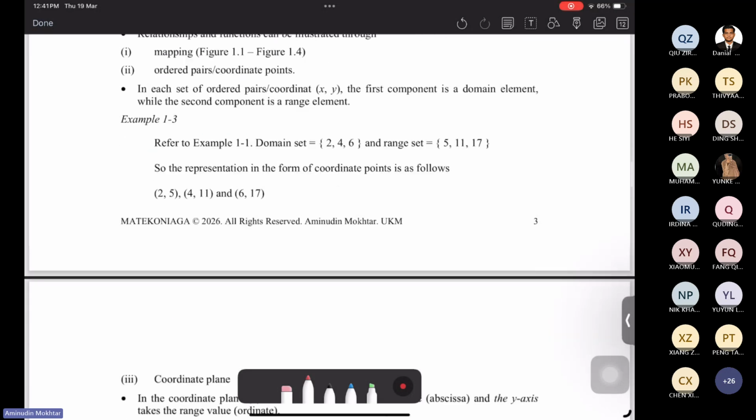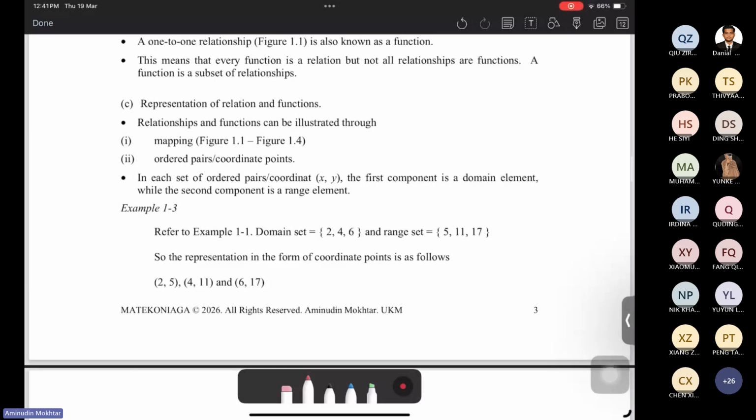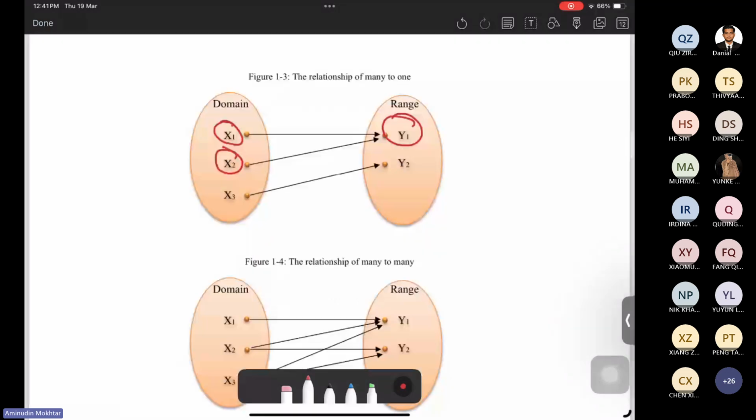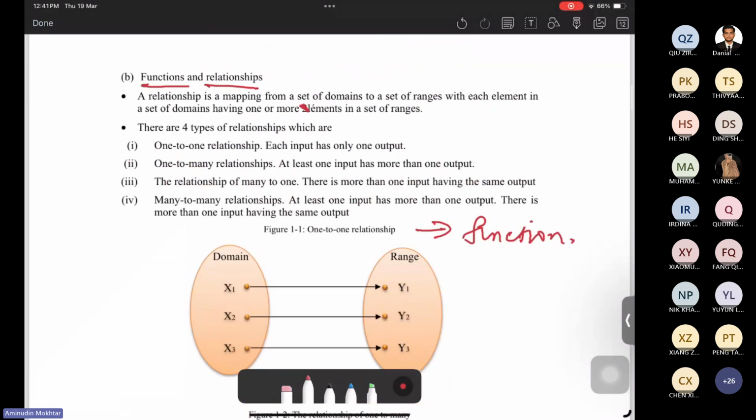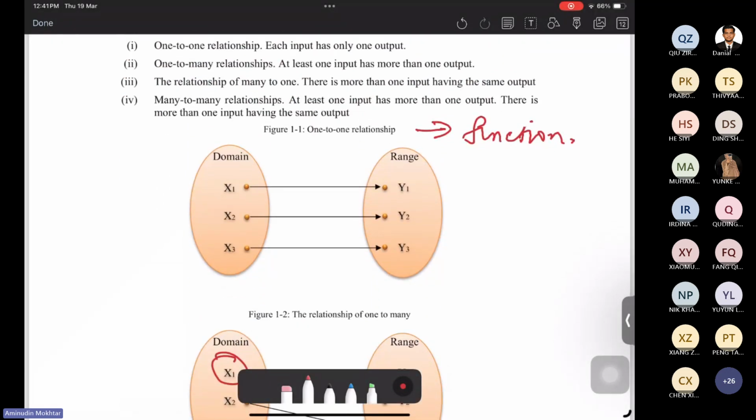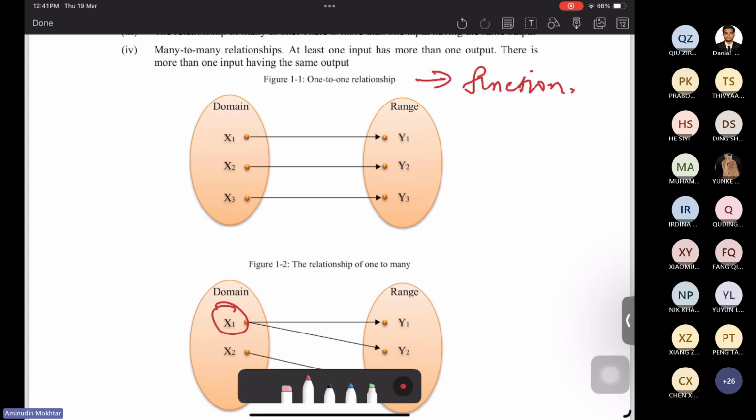For example, if you refer to example 1.1 again, we can map the relationship. Let's say we have x and y. Please refer to example 1.1.